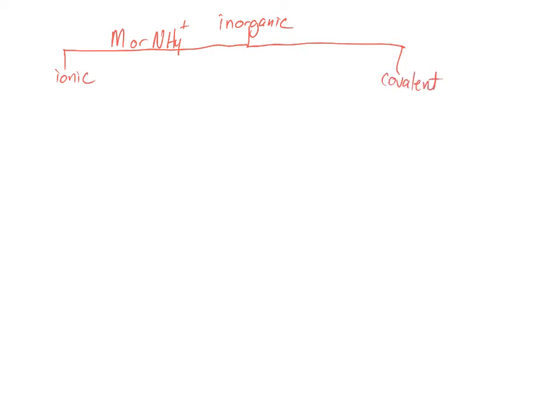Now, does this work 100% of the time? Absolutely not. That's the way it is. It's pretty rare that we see hydronium on the front, but I guess that could happen. But ammonium and metals are the most common.